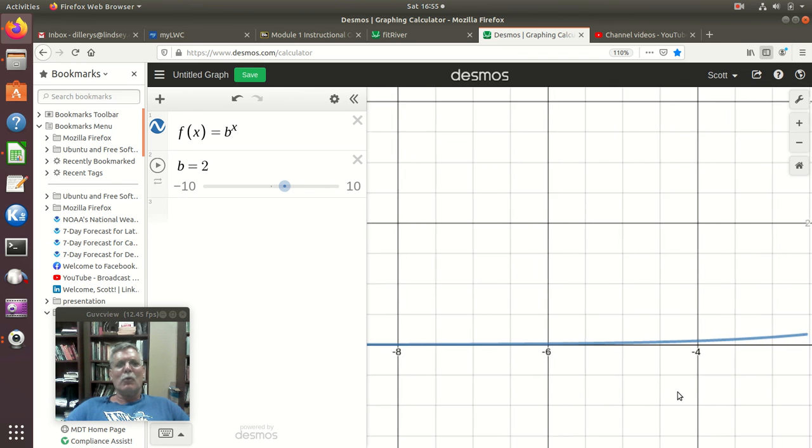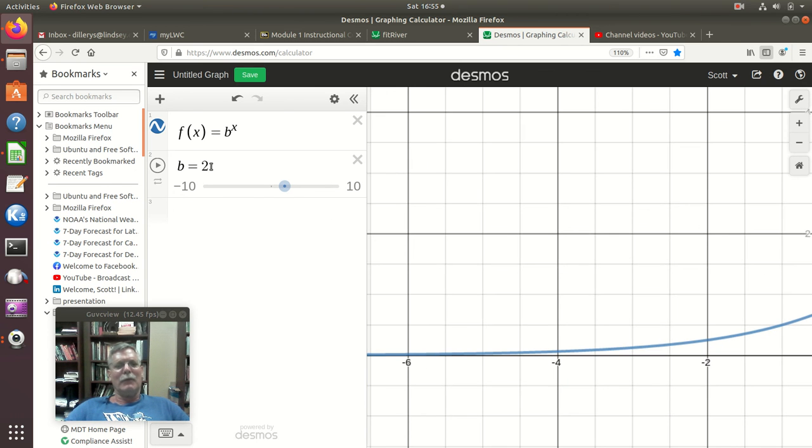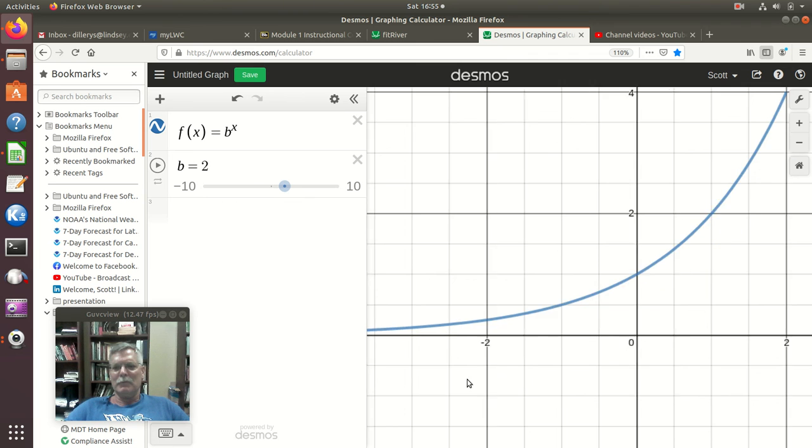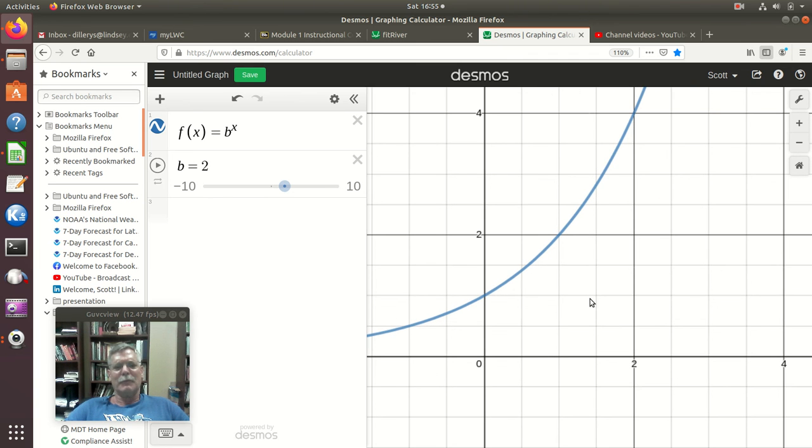But it can never be 0, because I'm just taking 2 and multiplying it some number of times, and then maybe 1 over, if I'm over here with negative x. But it's always got to be positive, and so it can get no smaller than 0. So I know it has a horizontal asymptote at 0, and that's as it moves out toward the left. As it goes to the right, it grows and gets really, really big.